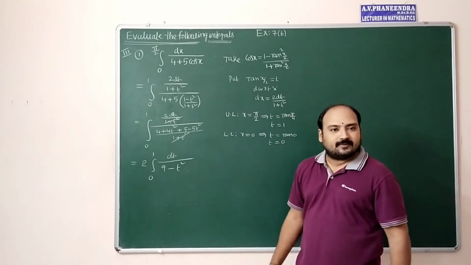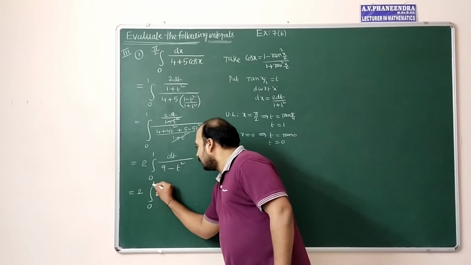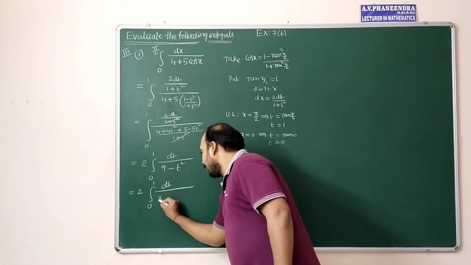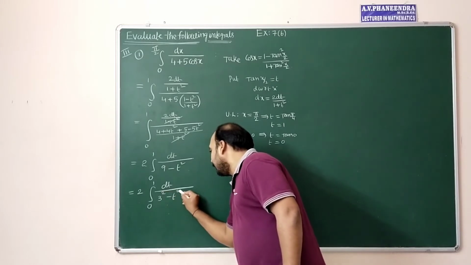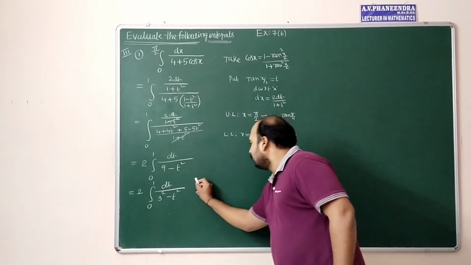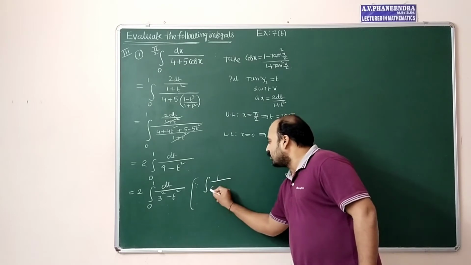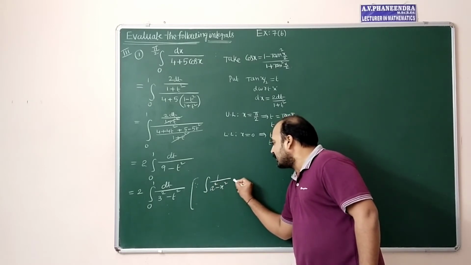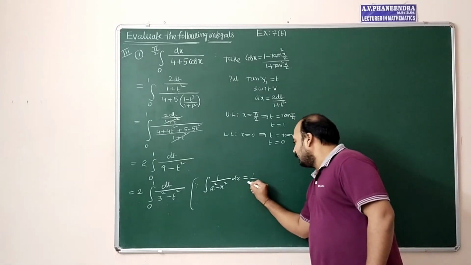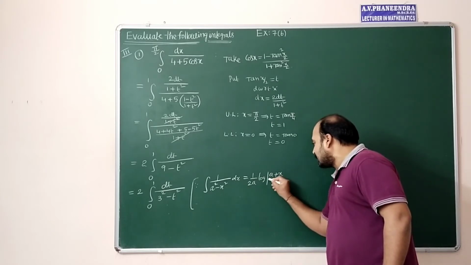In the next step, which is equal to 2 into integral 0 to 1 dt by 9, which can be written as 3 square minus t square. Here we apply the formula: integral 1 by a square minus x square into dx is equal to 1 by 2a into log mod a plus x by a minus x.